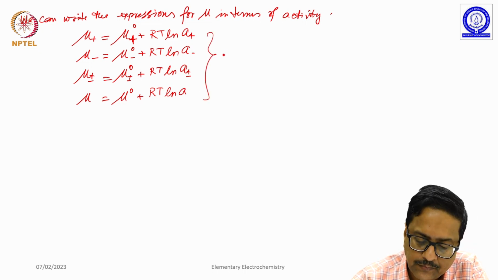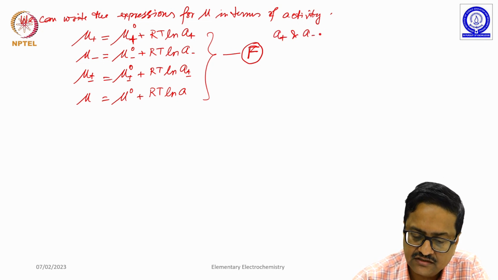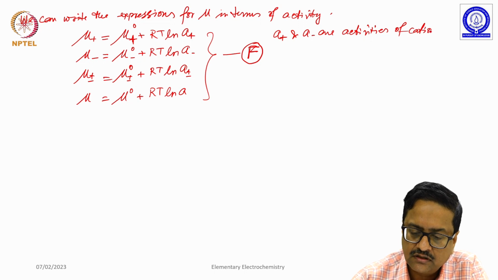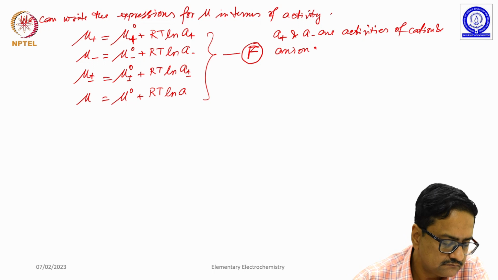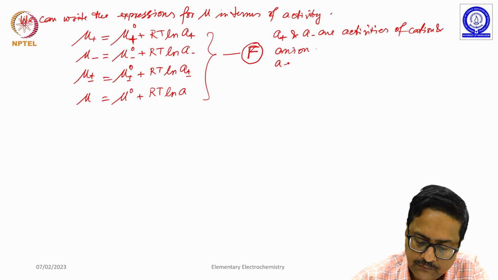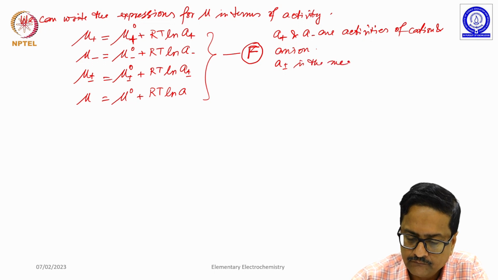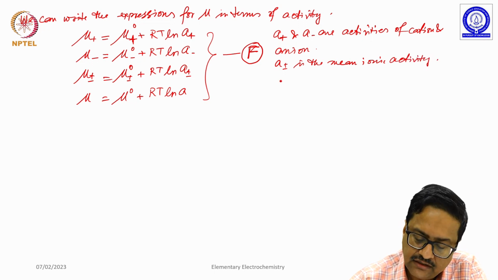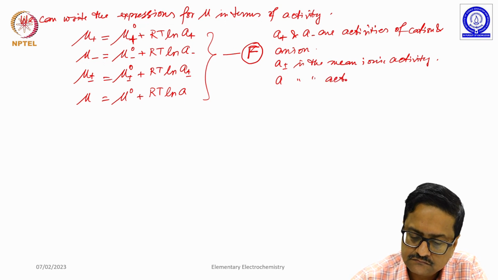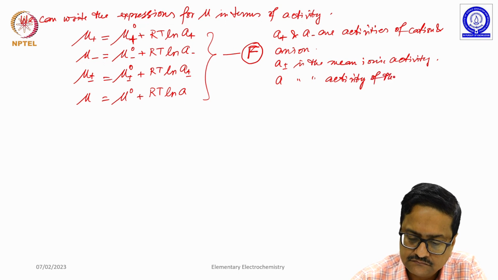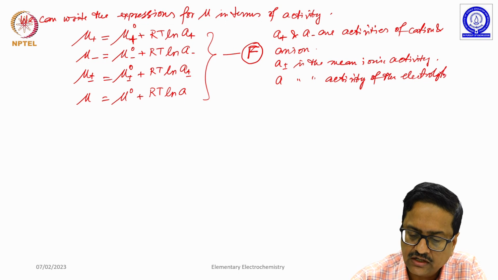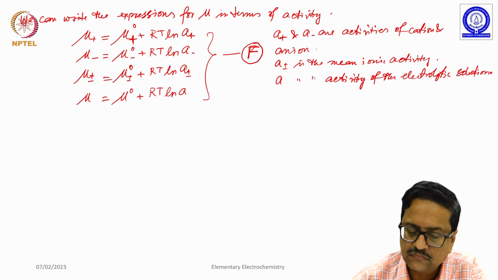All these four equations are numbered together as F. In this case, a plus and a minus are activities of the cation and anion, a plus minus is the mean ionic activity, and a is the activity of the electrolytic solution, right?